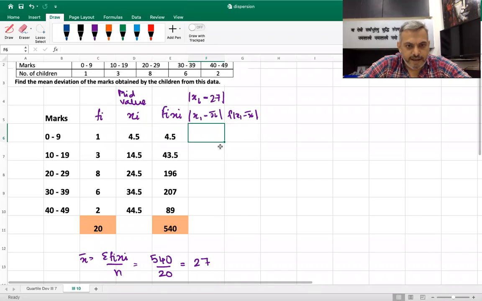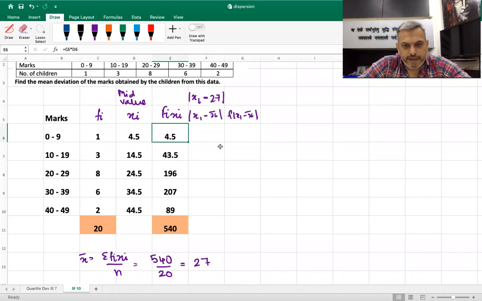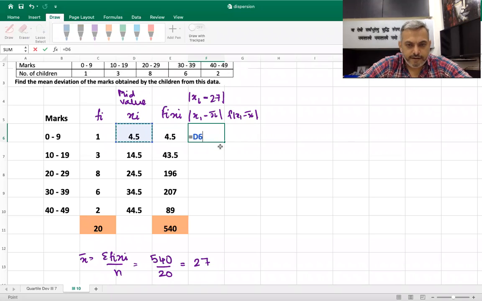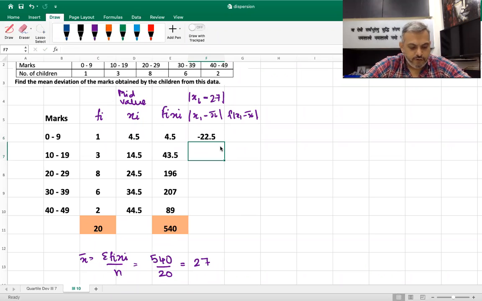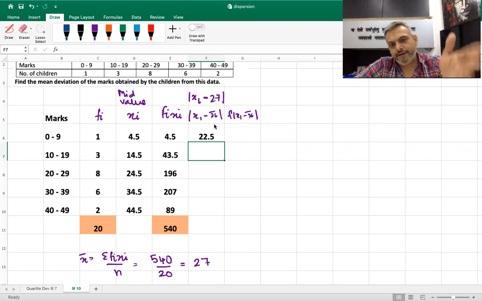Now 4.5 minus 27, you can see it is negative 22.5, but because it is modulus, we will take 22.5. You can do it directly; you don't need to make it negative and then positive.